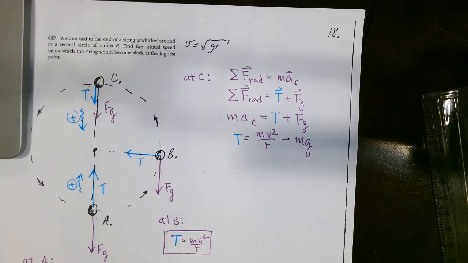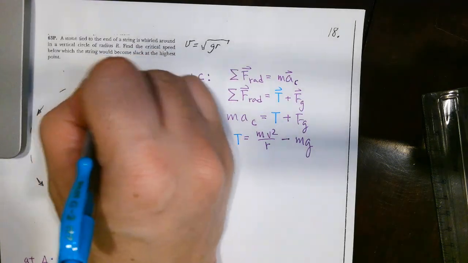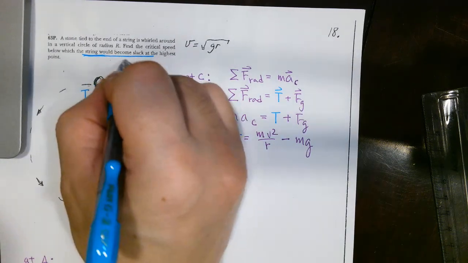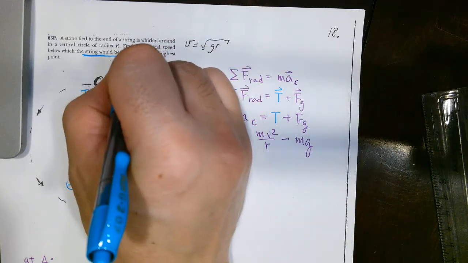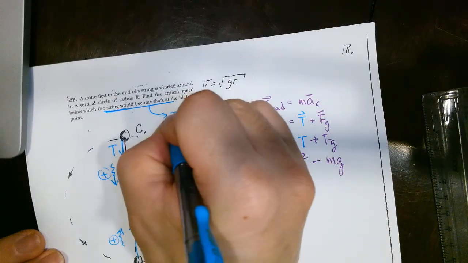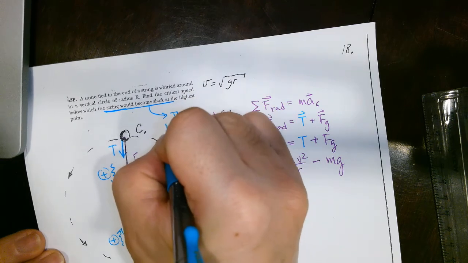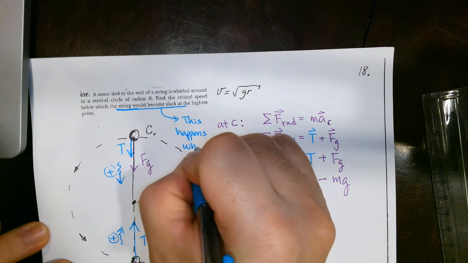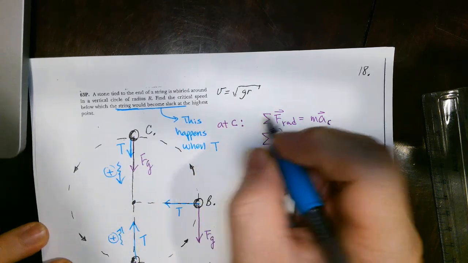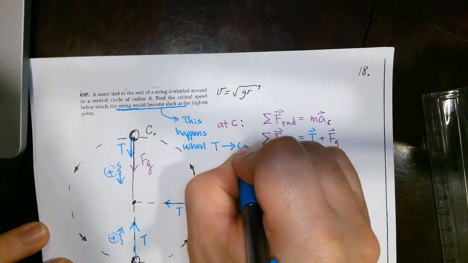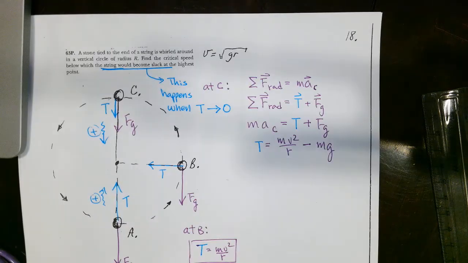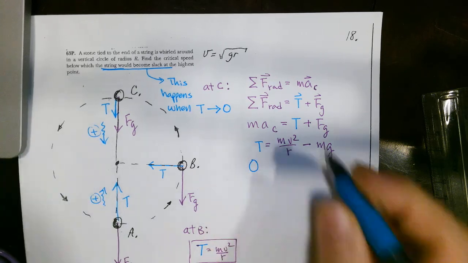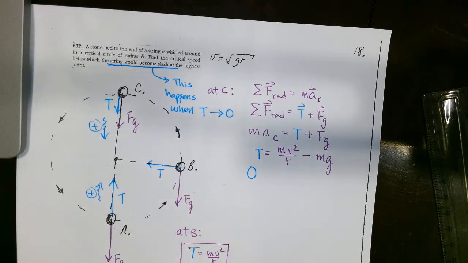So, what happens when the string would become slack? This happens when tension goes to 0. When tension goes to 0, the slack happens.